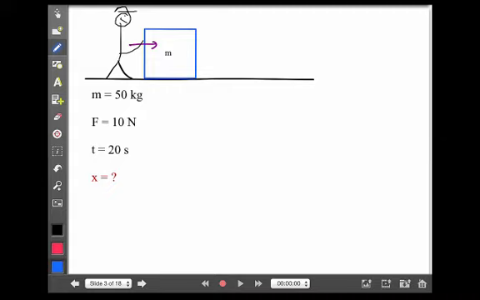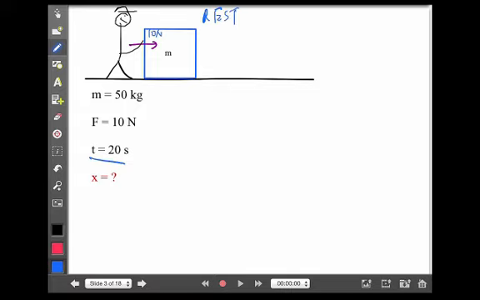with linear motion. So, for example, let's say our mover here needs to move a 50-kilogram crate and has the ability to apply 10 newtons of continual force on it. For now, we're going to ignore things like air resistance, friction, things that will get in the way. And the idea is that in 20 seconds, how far can this person move it, starting from rest?